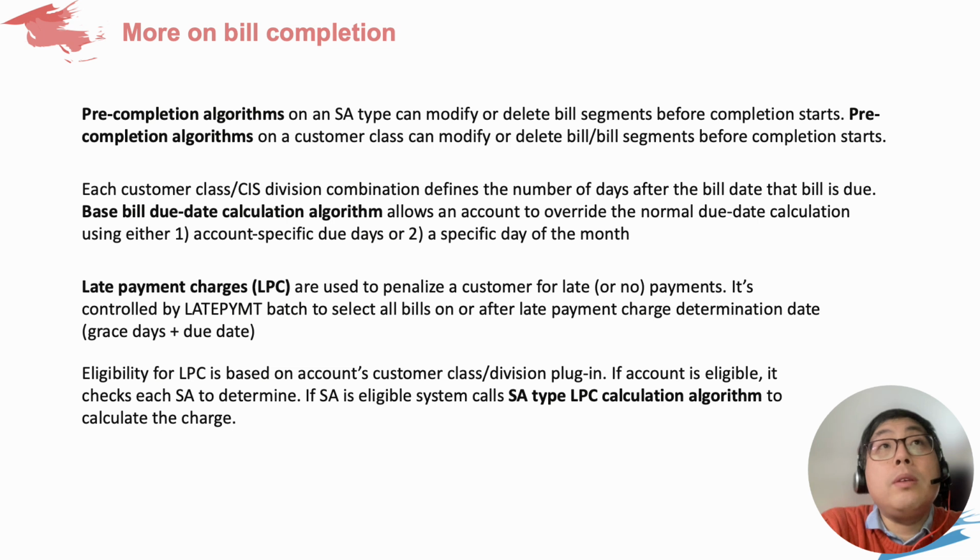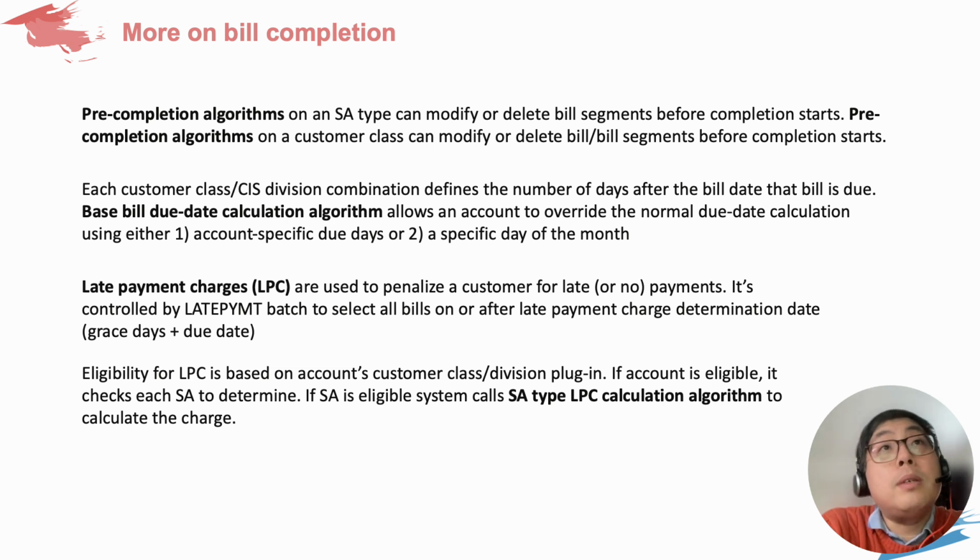Second one is each customer class and CIS division combination defines the number of days after bill that the bill is due. Okay, so this is about the bill due date. You can specify a number for that, but you can also specify an algorithm, where you can use the base one or you can customize it.